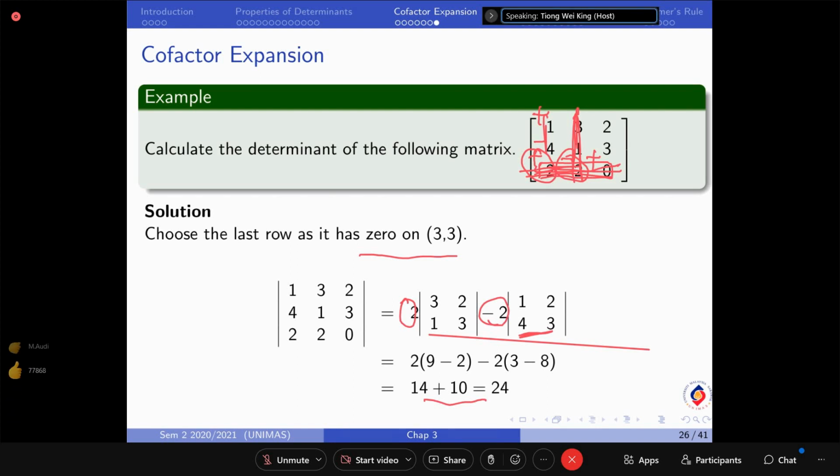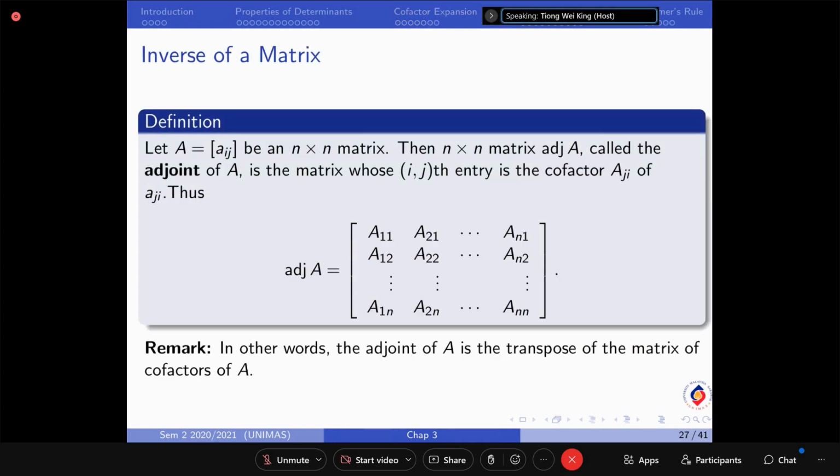Now next is using the cofactor to find the inverse of matrix.